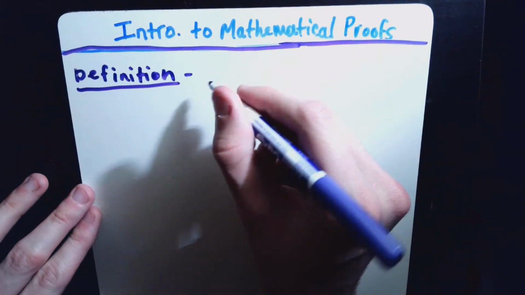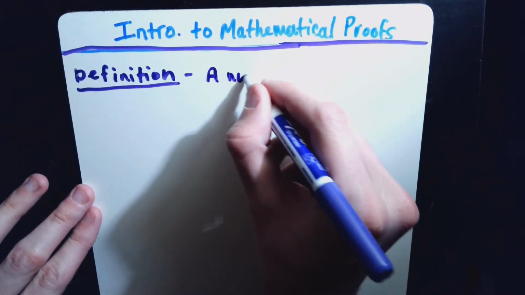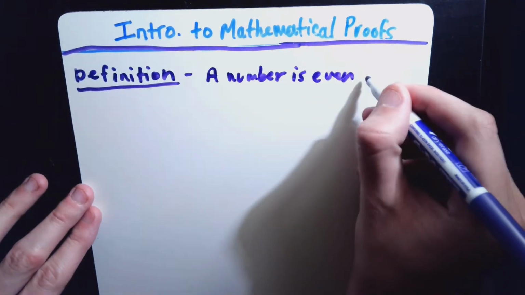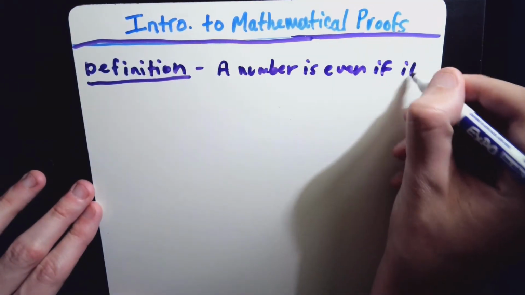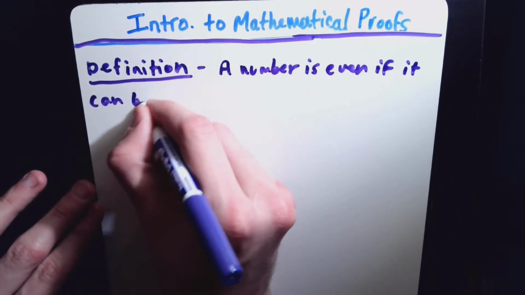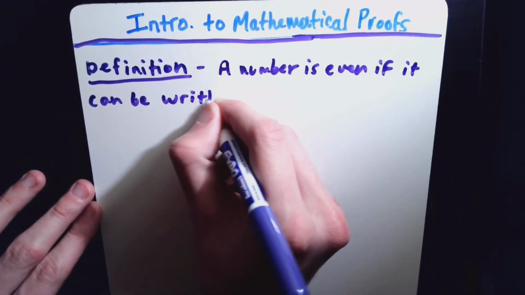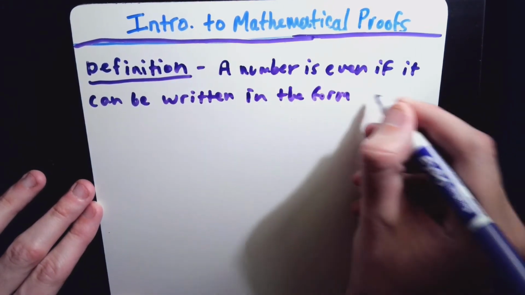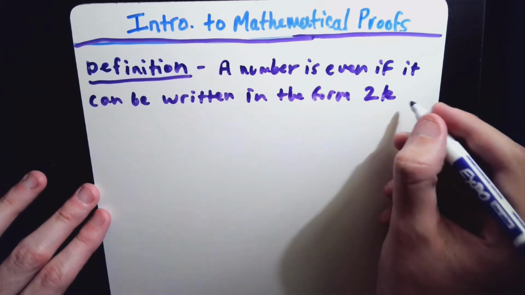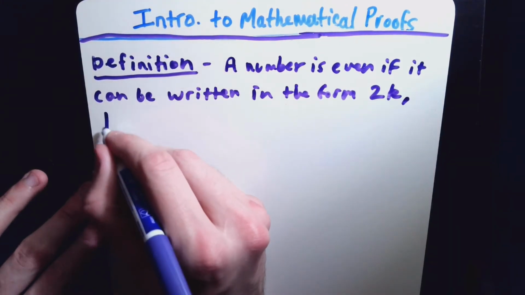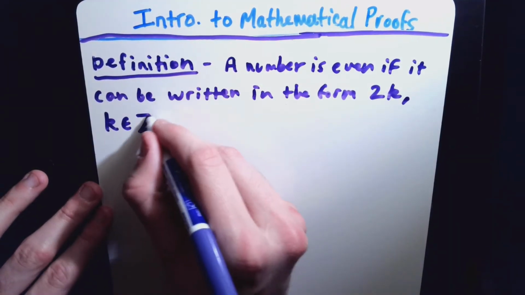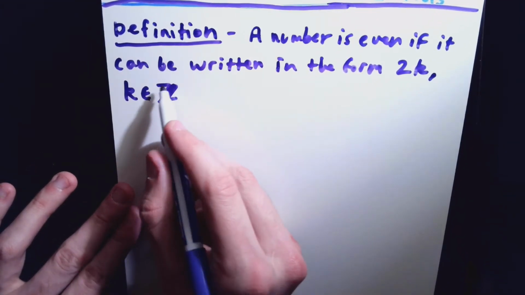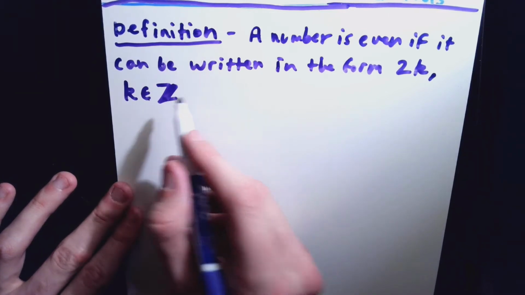A number is even if it can be written in the form 2k, where k is an integer. So this means an element of, and then this fancy Z symbol means the integers.